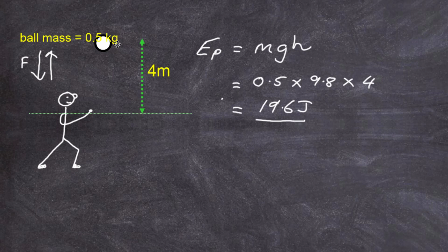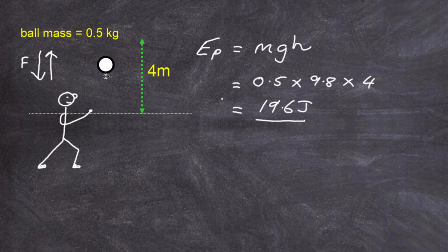And that energy can be converted into motion energy or kinetic energy. That's where we get the word potential energy from. It's got the potential to do work, potential to do things. So that ball can then rise to its maximum height. At this point here, it's going to have a maximum of 19.6 joules of energy.